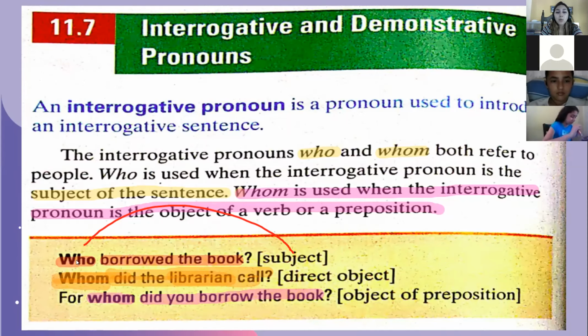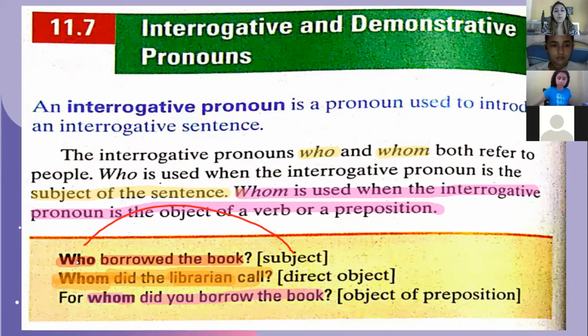Okay, the first one, we are talking about the subject. We're using the word who as a subject. And the second one, we're using the word whom, which is a different word with almost the same meaning. Is a direct object, right? Because the object is receiving the action. Now, the third one is an object of preposition. For whom did you borrow the book?